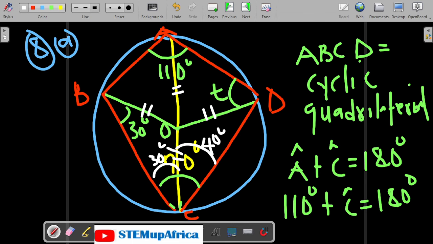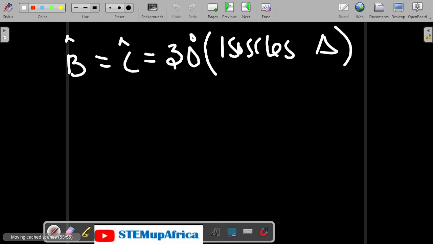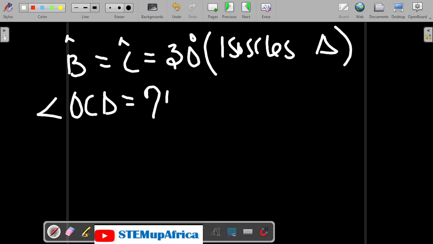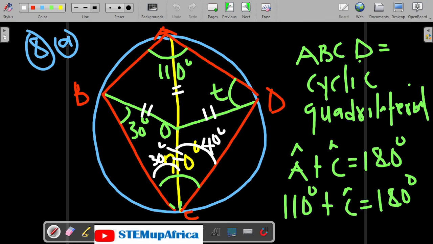So angle OCD is simply 70 minus 30. That answer is 40 degrees. That's why we have 40 in this part of the angle.